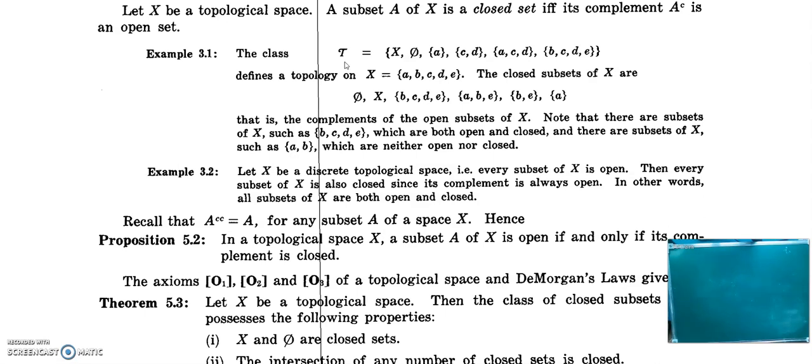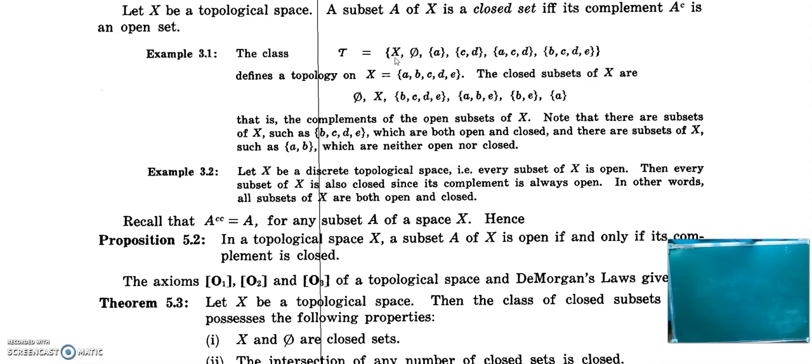Consider this collection of subsets of X. This is our topology denoted by tau. So this topology is defined on X here. Now, in our previous discussion, the members of tau are all open sets. If we get the complement of each member here, then it is closed.